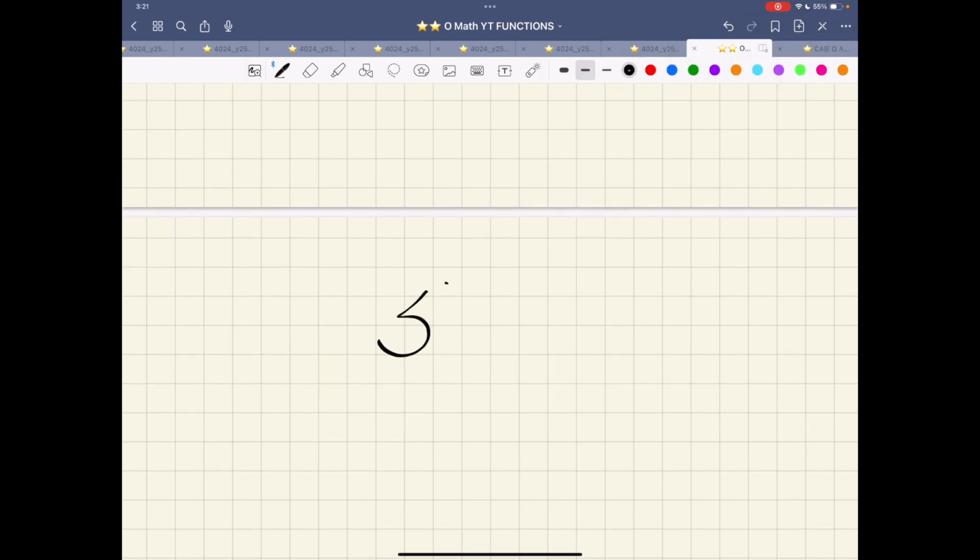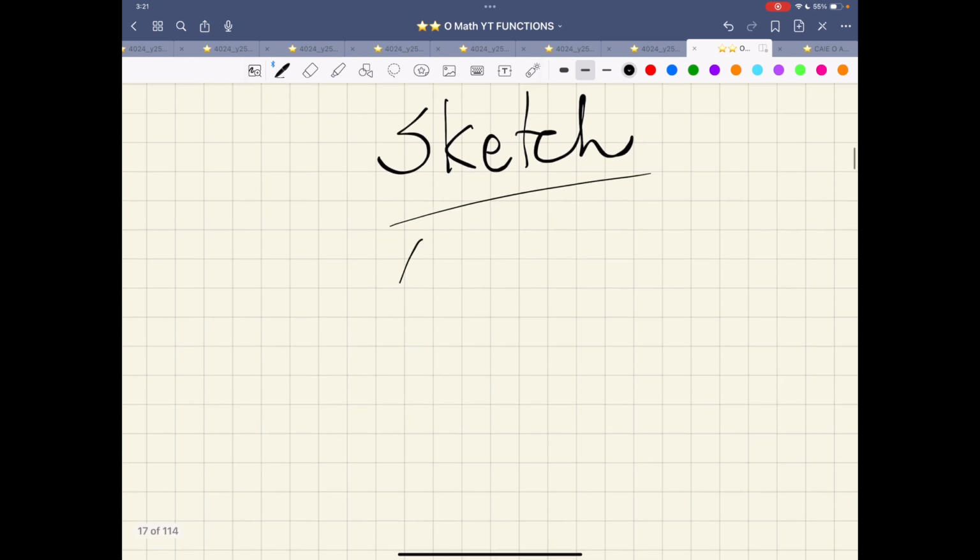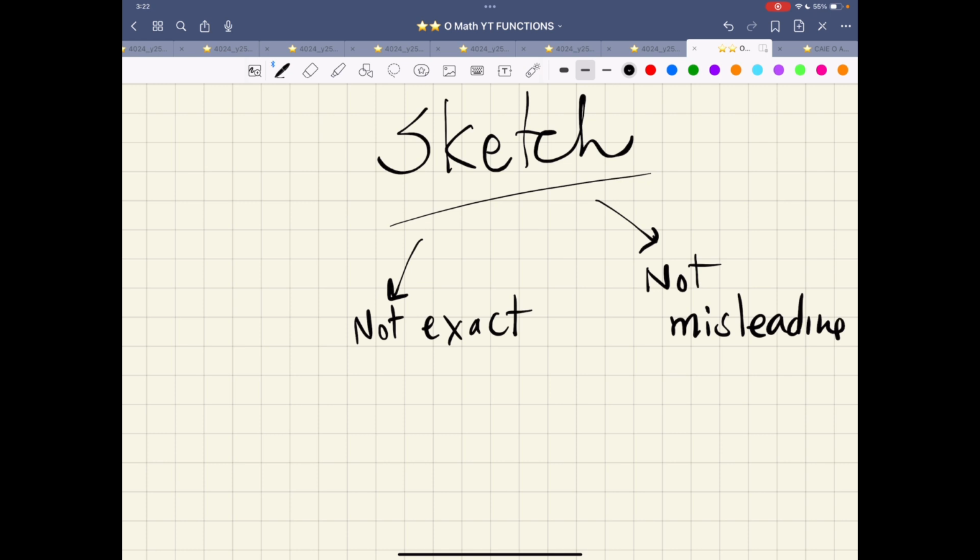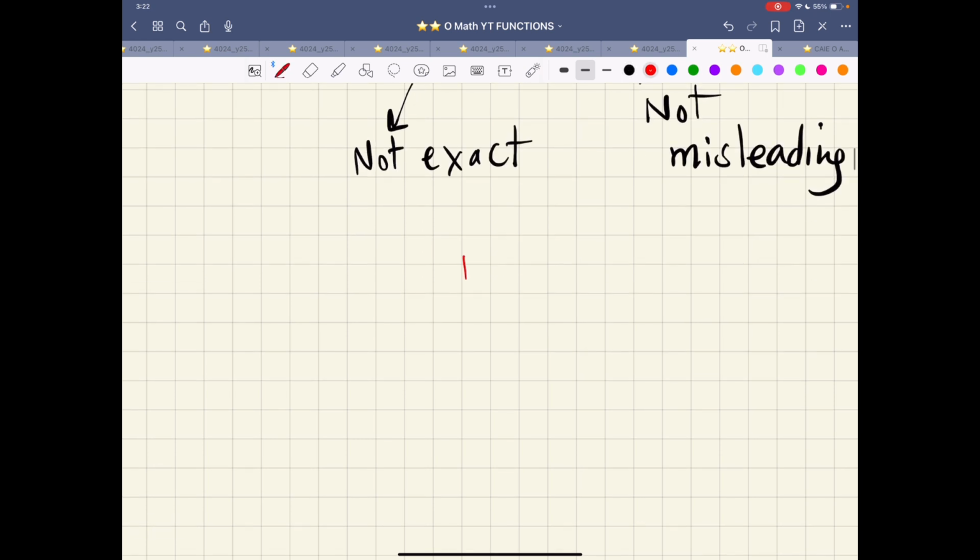When we talk about the word sketch, that means this is not exact. At the same time, it also means it's not misleading. There are certain things, certain idea. So the idea should be clearly expressed to the viewer, which in this case is our examiner or maybe some students.